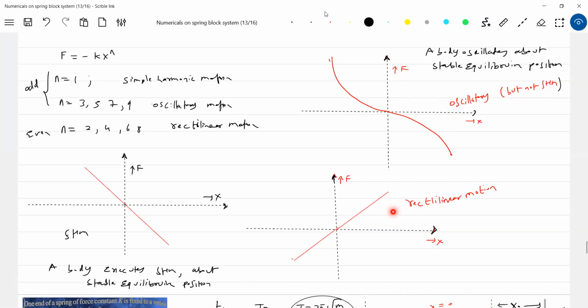Fine. What about rectilinear motion? If the body is in unstable equilibrium and slightly displaced, the force will act in the direction of displacement. It will be rectilinear motion. So I think this is very important for us. Will it execute SHM or not? How to determine? Just check, is it in stable equilibrium?